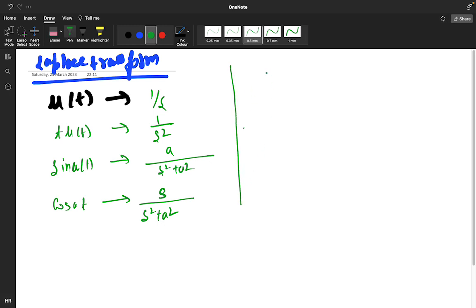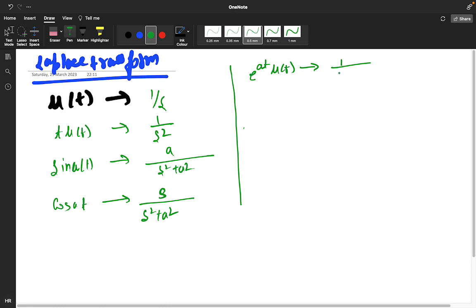And e power at u(t) will be 1 divided by s minus a. Means whatever the sign is there, the opposite sign will come.